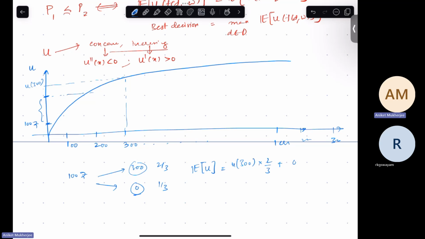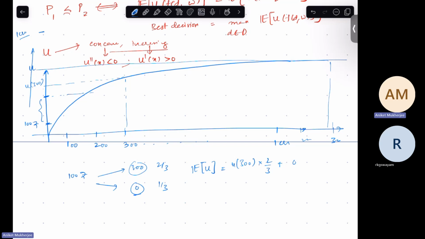Now, as I increase this, somewhere here I'll have 1 crore. This is increasing linearly. The y-axis is increasing linearly. Now I'm paying 1 crore to enter the lottery, right? But then I win 3 crores with some utility. That utility would be way less because of this concave nature, this tapering down of the utility function.